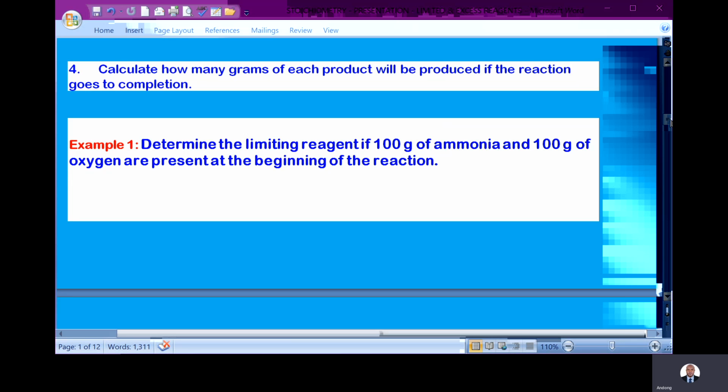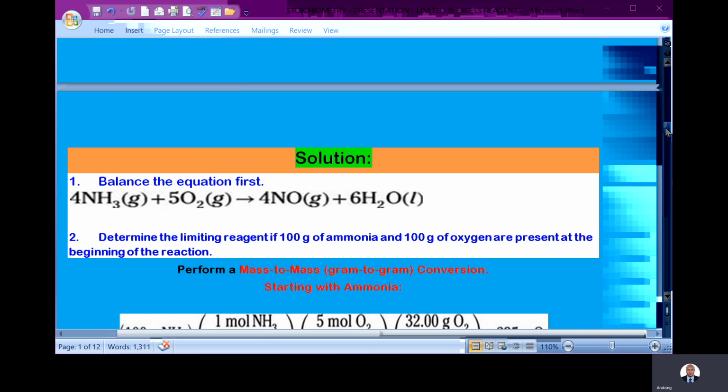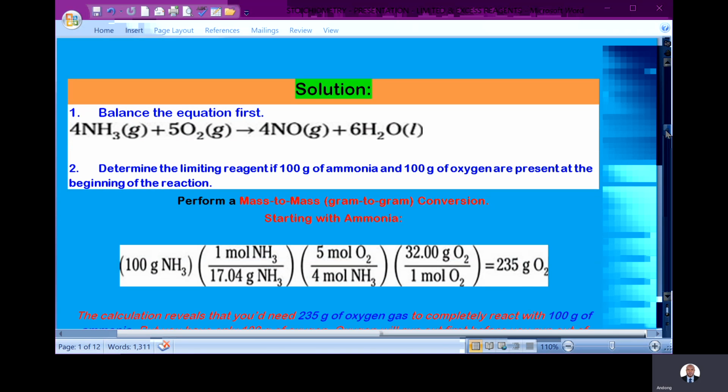The first thing in every stoichiometric calculation, you have to write a balanced equation. If you write a balanced equation, then you will know their molar coefficients or their reacting moles.